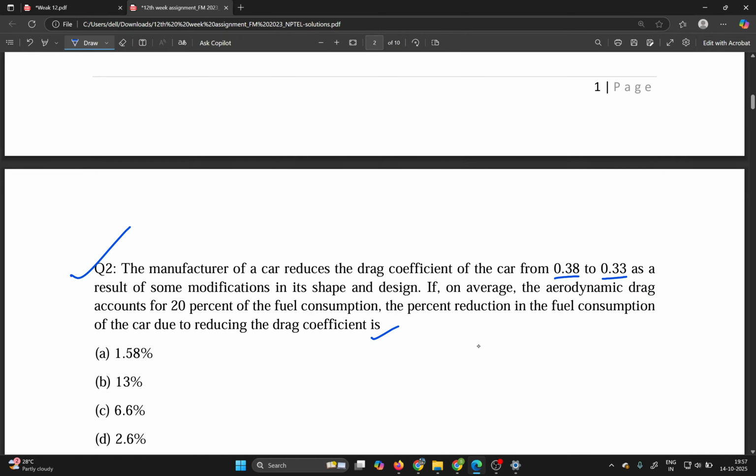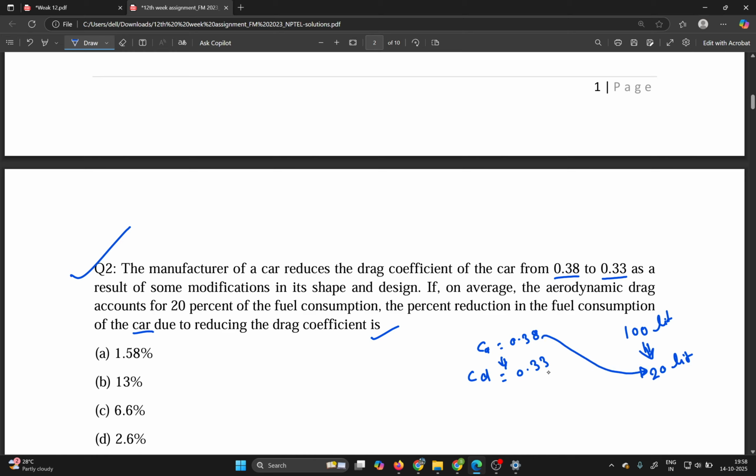Here are the conditions. Initially the drag coefficient was 0.38, but after modifying the shape and design of the car, the drag coefficient is reduced to 0.33. If on average the aerodynamic drag accounts for 20% of the fuel consumption, think of 100 liters of fuel. Due to the drag, you can assume 20 liters are consumed by drag only.